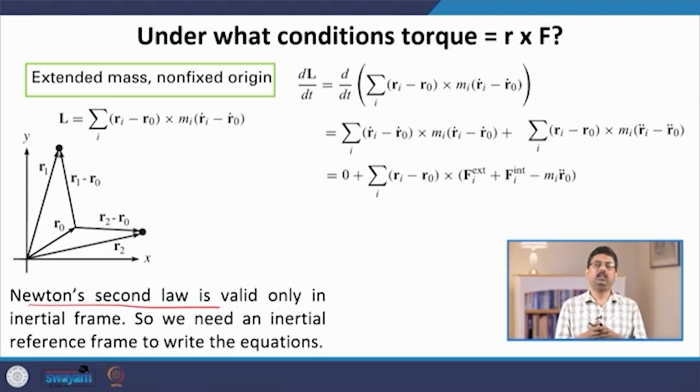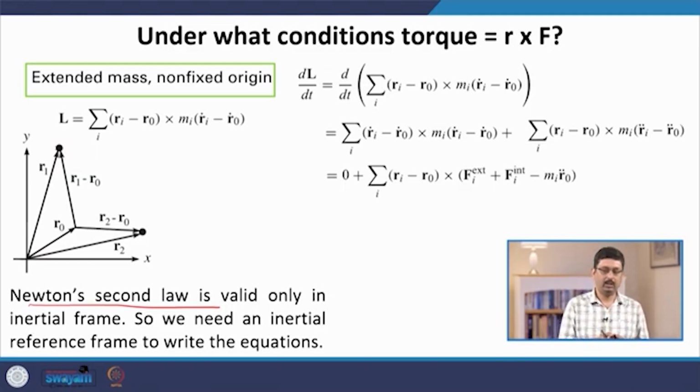If we take such a reference where the origin itself is moving, can we write the torque equal to r cross F? This is an interesting case, because it is not guaranteed that Newton's laws of motion will hold in that frame. So we need a second frame which is fixed, an inertial frame.